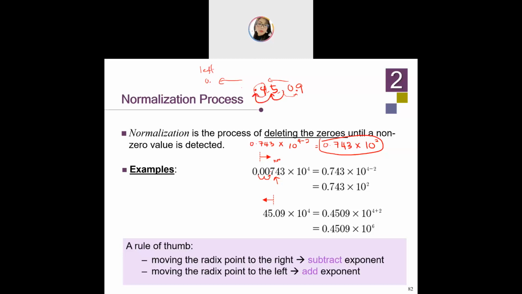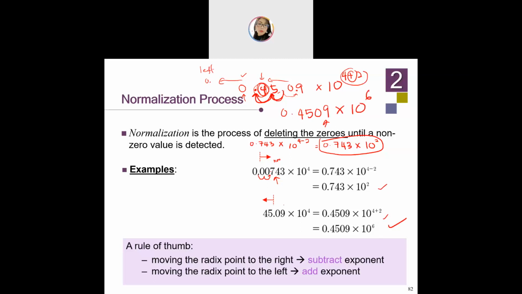Now you don't have a number, so it starts from 0. Then it's okay, 0 point, and you have a non-zero number here. How many moves? 1, 2, to the left. So you are going to have 10 to the power of 4 plus 2. Your answer will be 0.4509 times 10 to the power of 6. Then it is normalized.